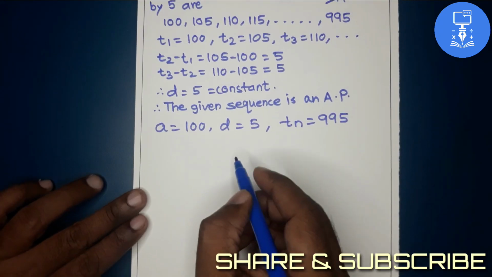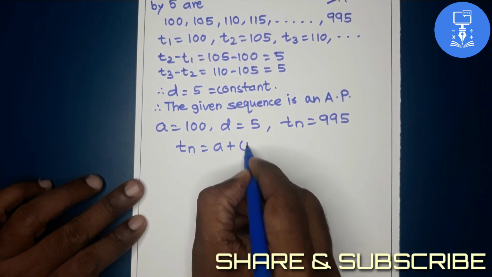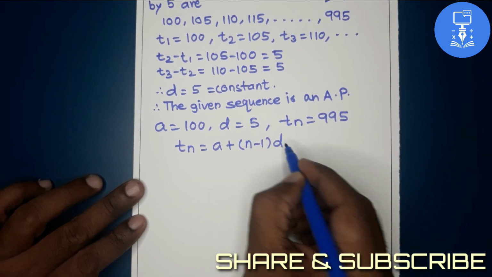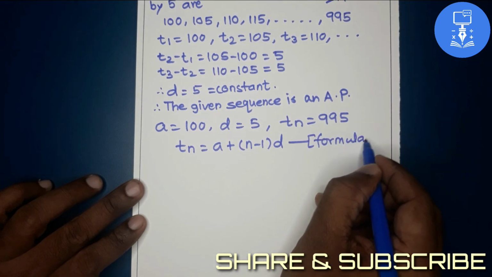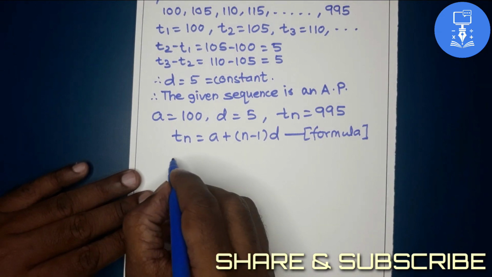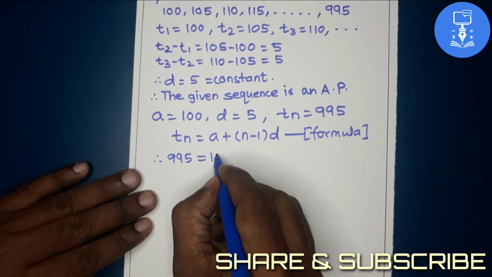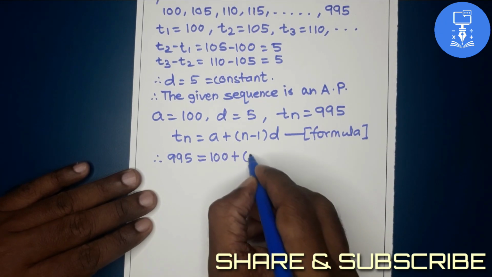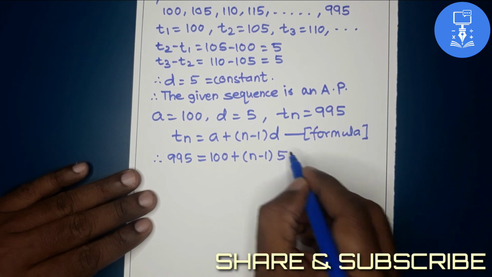Let's start with the formula: Tn is equal to a plus n minus 1 into d. Now let's substitute the values. Tn is equal to 995, a is equal to 100, n not known to us, and d is equal to 5.